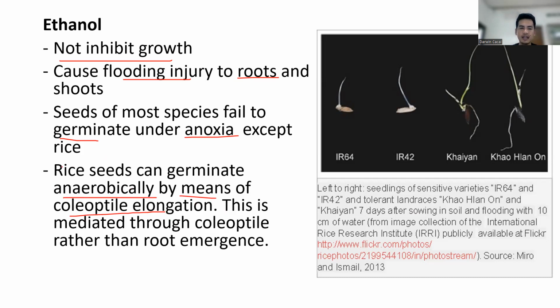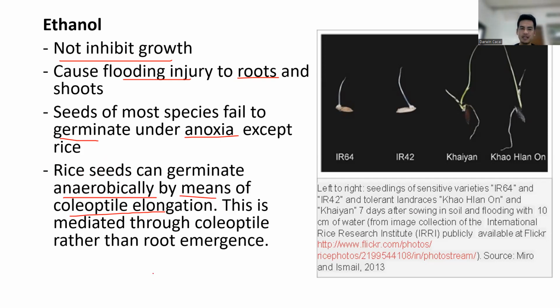Okay? So nagpo-produce muna yung rice seeds natin ng coleoptile elongation through anaerobic germination. So anong ibig sabihin ng anaerobic germination? Ito ay ibinabad muna sa tubig and after na ibabad sa tubig ay nilagay sa chamber upang makapag-germinate.